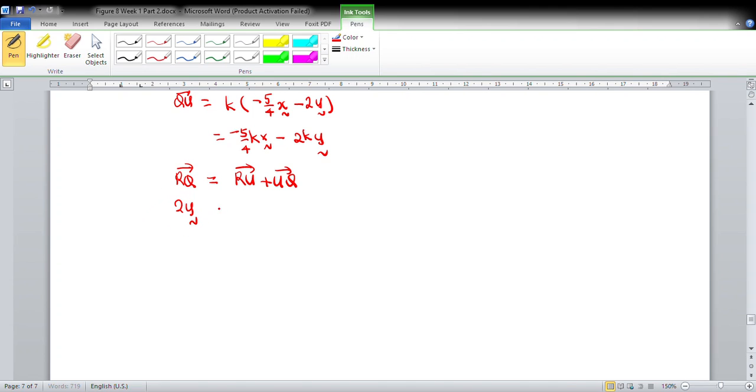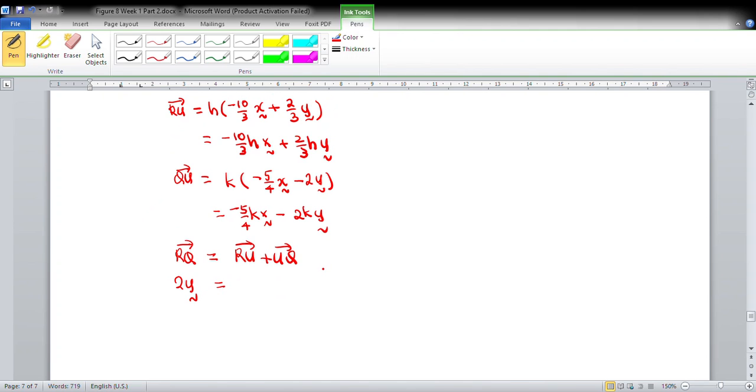So meaning any constant for x will become 0. Okay, so this is my RU plus UQ. Okay, this is QU. UQ meaning is negative of QU. So put a bracket and copy back what is your QU.